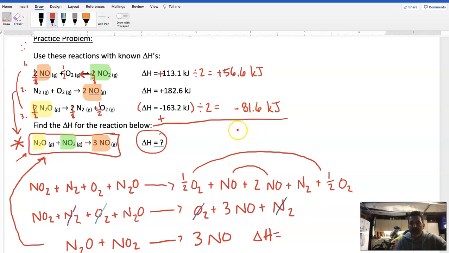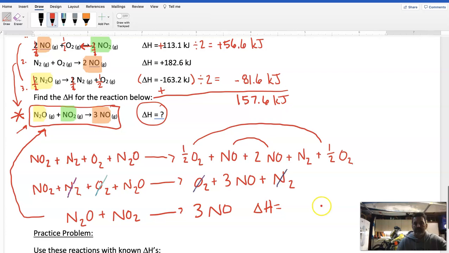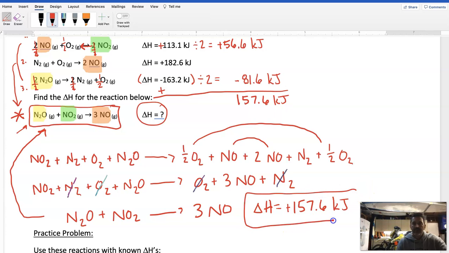And when I do that, I end up with 157.6 kilojoules, which is my answer. And I just need to put it down here at the bottom where I got 157.6 kilojoules. And that is positive. Okay, so that is my answer to this question.